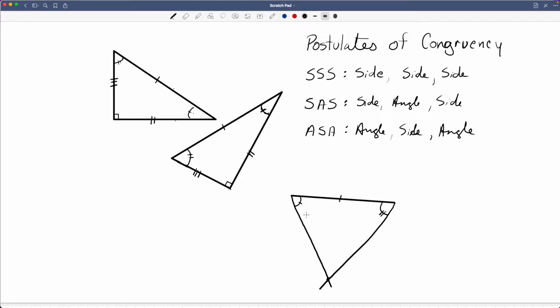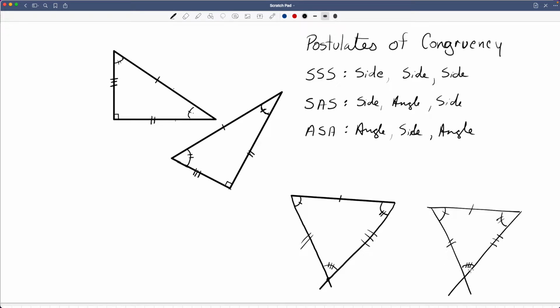So if you have an angle, side, and an angle that are congruent in two different triangles, like this, then by default, these sides will be congruent and these sides will be congruent. Not only that, this angle will be congruent to this angle as well, because by the very definition of the way they intersect, it's going to be the same.